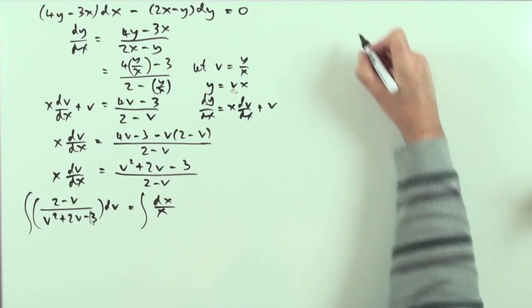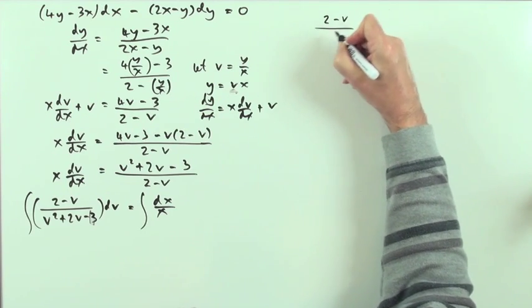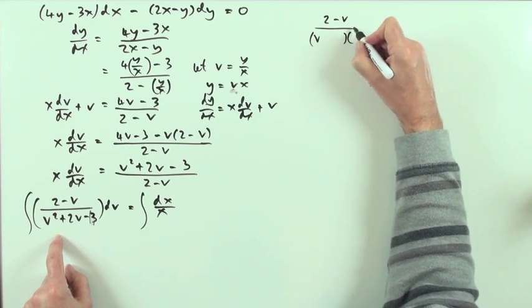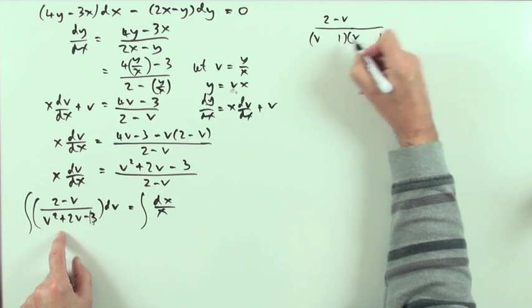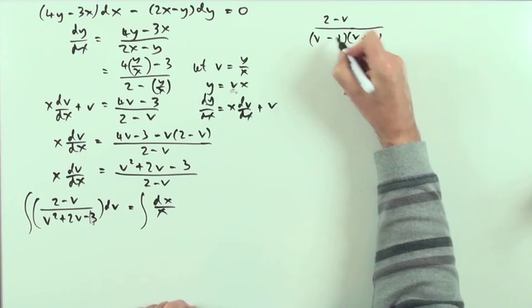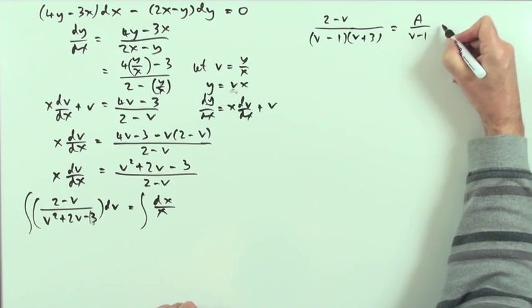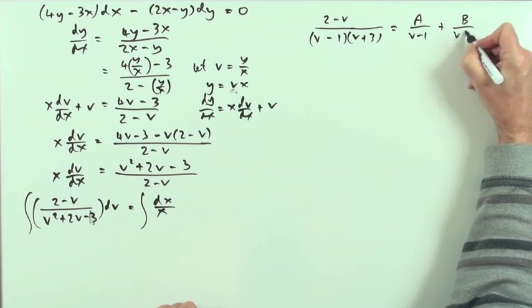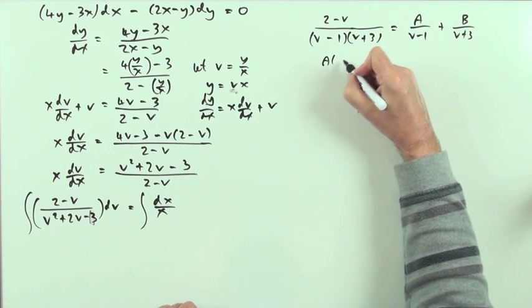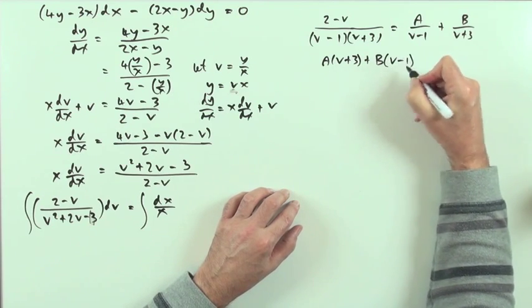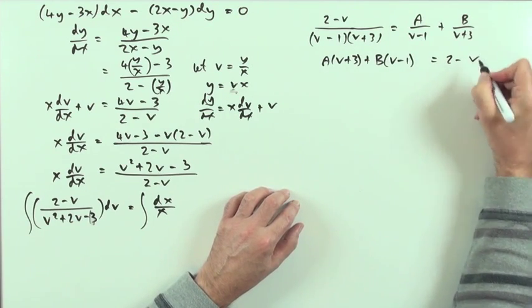That's going to be the partial fraction bit at the top here. 2 minus v over, might as well factorise it, v minus 1 times v plus 3. So if that was to be equal to a over v minus 1 plus b over v plus 3, then a times v plus 3 and b times v minus 1 would equal 2 minus v.